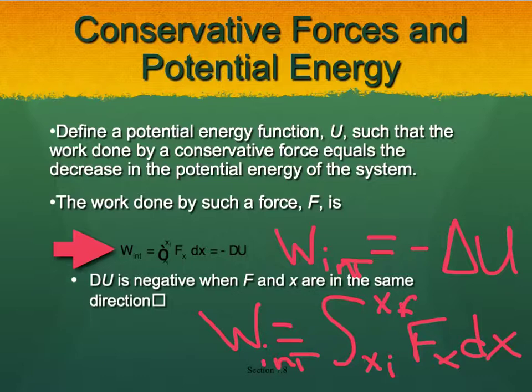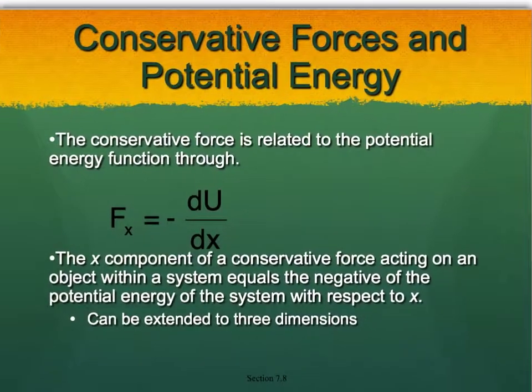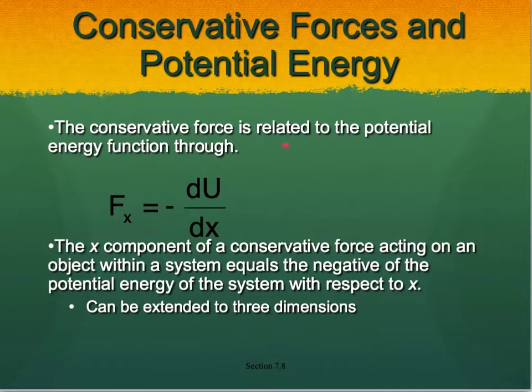Now, this is just showing us that ultimately for a conservative force, the work really truly only depends on the initial and the final coordinates, which is why I have my initial x and my final x. All right, so to find work done in the system, we said that was just equal to the integral of Fx dx.